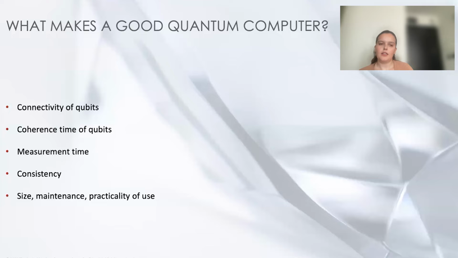One of the other interesting things that has come up in recent years is the idea that the size, maintenance, and practicality of use should be taken into account. For many different types of quantum algorithms that would run on a quantum computer, if we're having to take 10,000 measurements, do you take that all on one quantum computer?